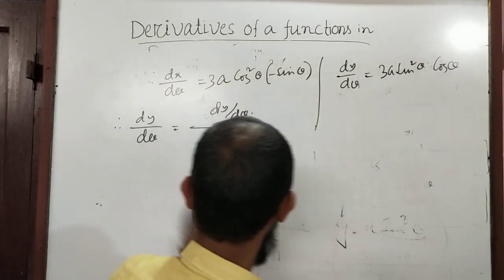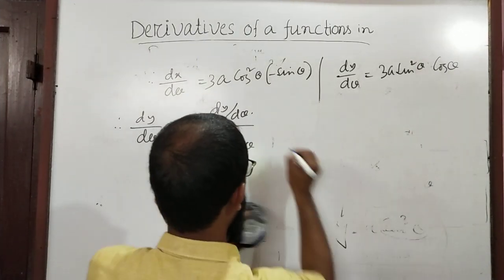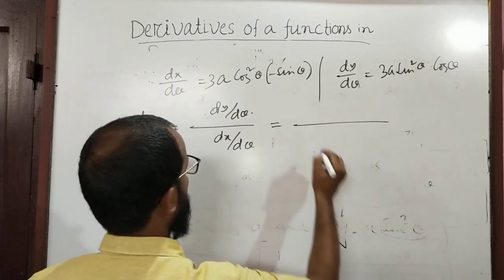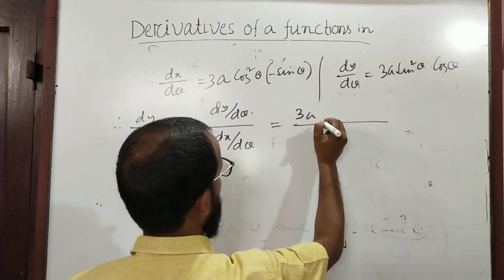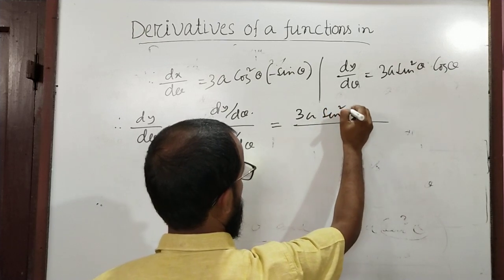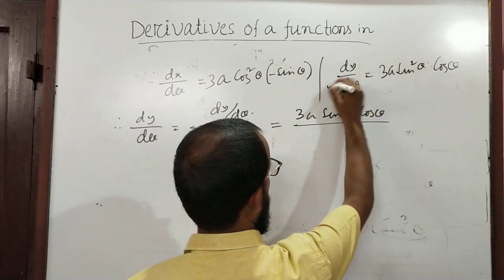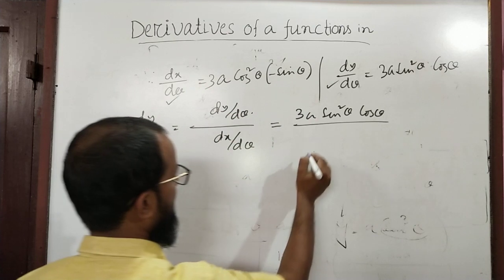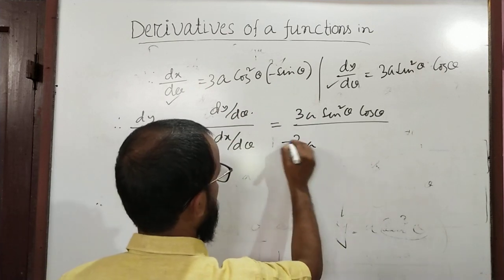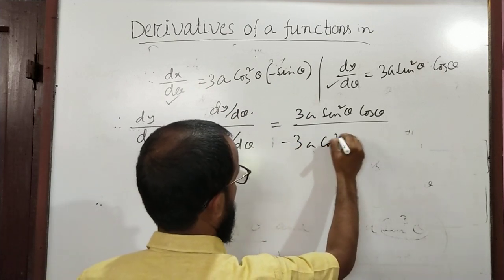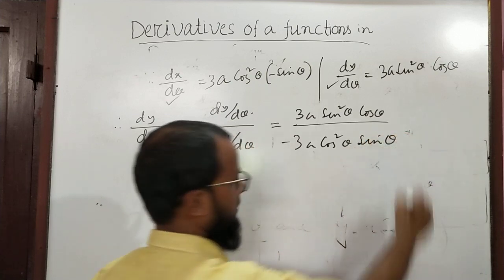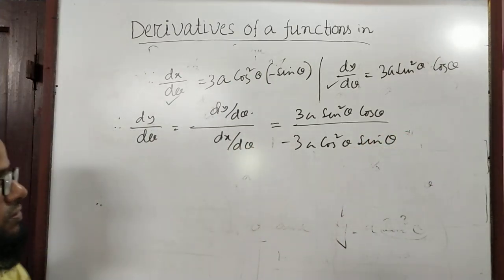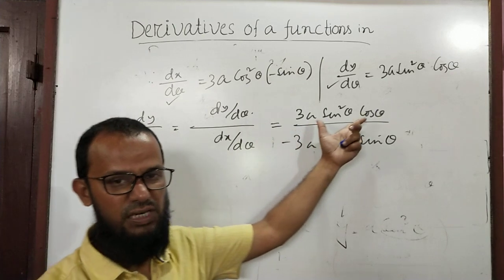Putting your result, dy by d theta is 3a sin square theta into cos theta, and dx by d theta is 3a into minus cos square theta into sin theta.